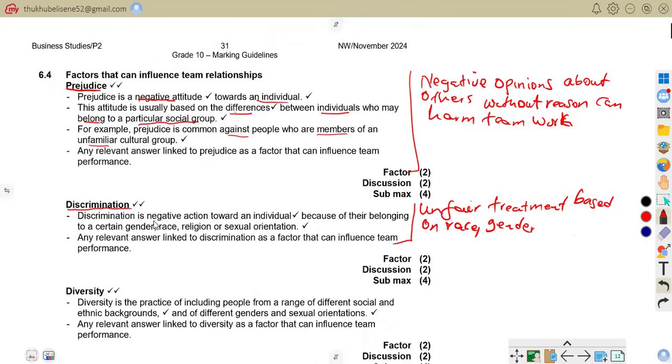So as it says, discrimination is a negative action towards an individual because of their belonging to a certain gender or race or religion or sexual orientation. So that is that.